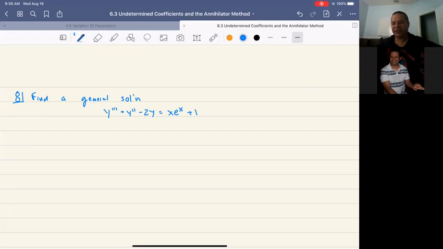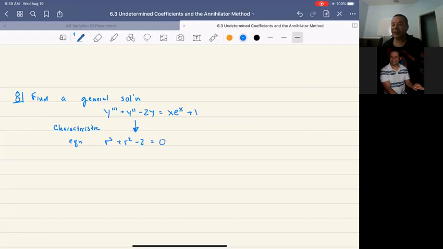So the characteristic equation is going to be r cubed plus r squared minus 2, sorry, no r there, because the r goes on the y prime, equals 0.